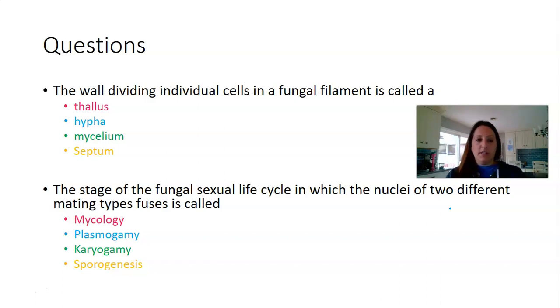Next question. The stage of the fungal sexual life cycle in which the nuclei of 2 different mating types fuse is called mycology, plasmogamy, karyogamy, or sporogenesis? The fusion of the nuclei.